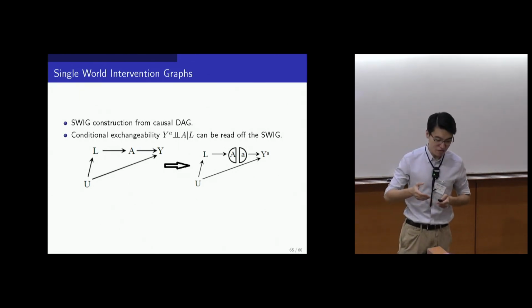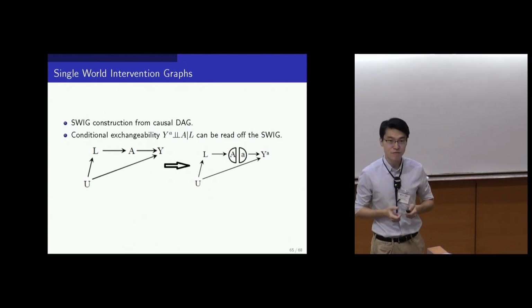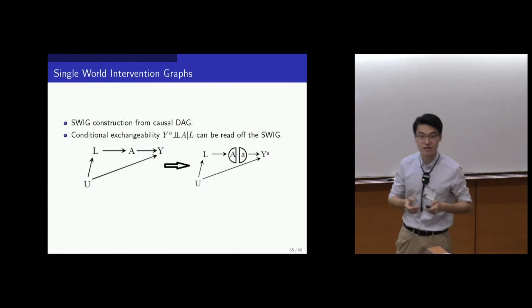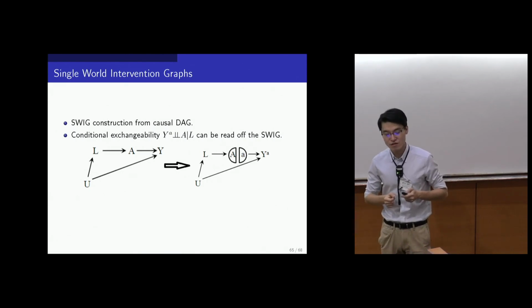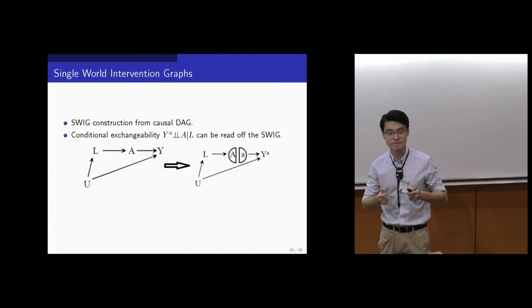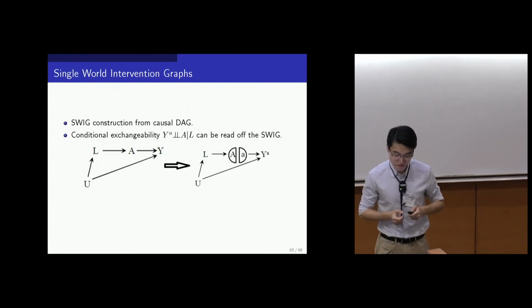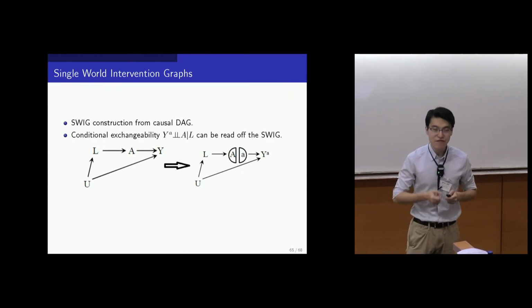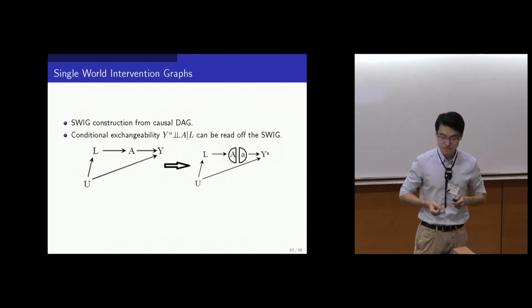Following my tutorial, there will be another tutorial by Jonathan, who will be talking about much more complex settings involving longitudinal studies, whereby your treatment and your outcome can both be time varying. We also talked about the graphical representation of causal relationships.